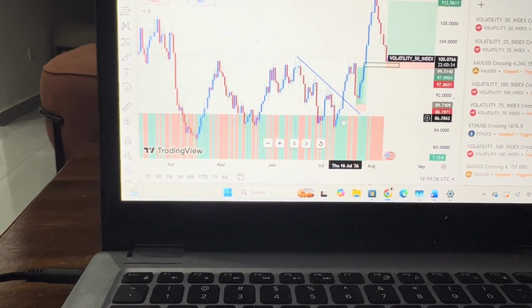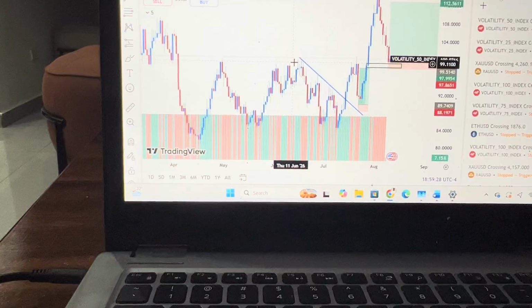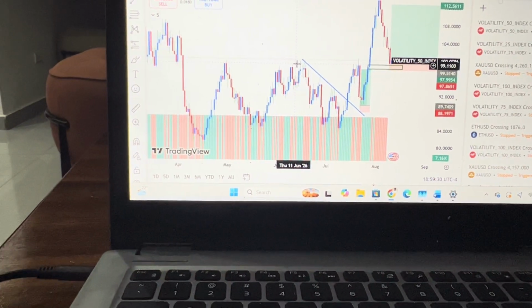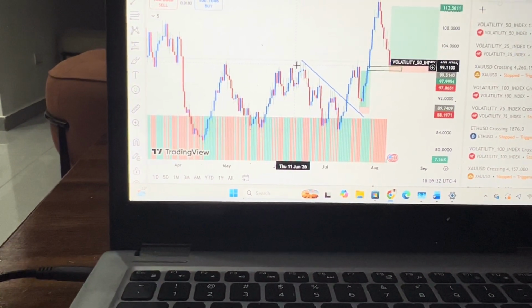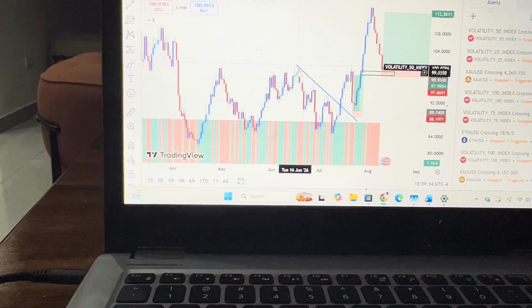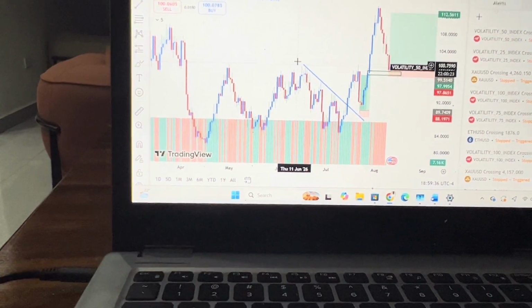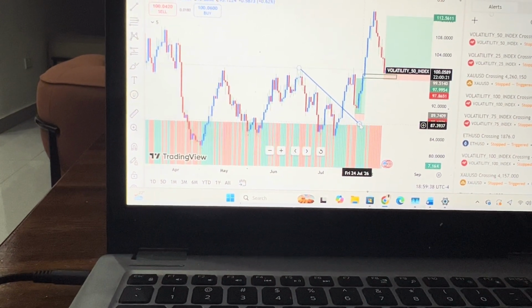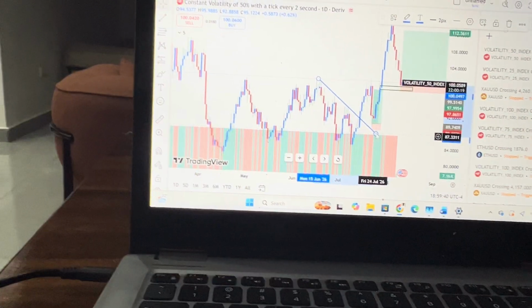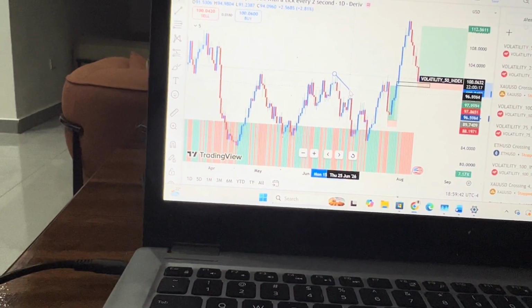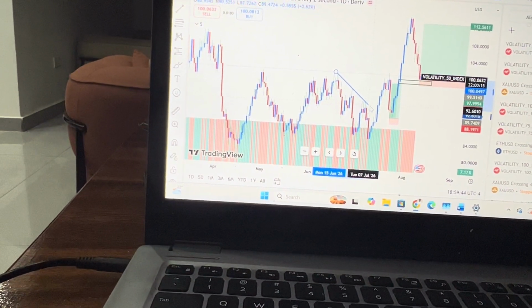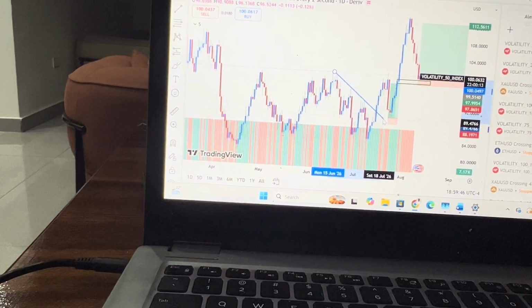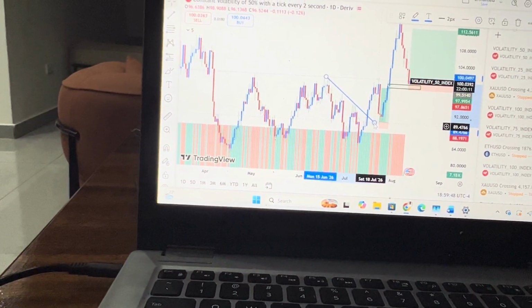Here, as you can see, we were about to break the structure. We were in a downtrend and the shift happened. After the shift happened, we marked our trend line. As you can see, this is the trend line the market was following. And what happened? Boom.